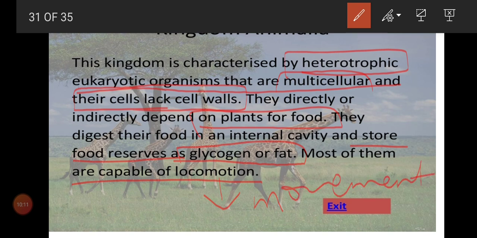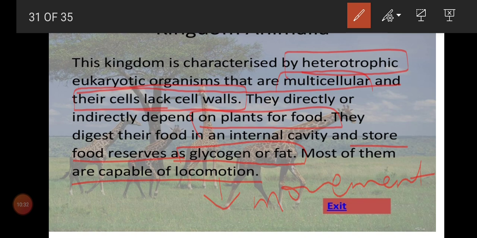So animals need more energy, so they consume more food when compared to plants. A plant does not move from one place to another, so it doesn't need much energy. So when compared to plants, animals have more mitochondria, and plants have fewer mitochondria. Why?